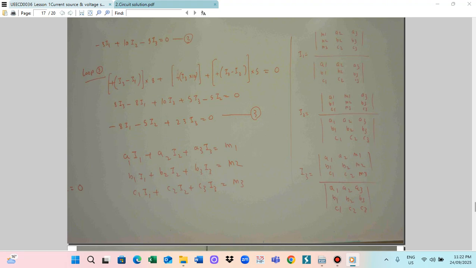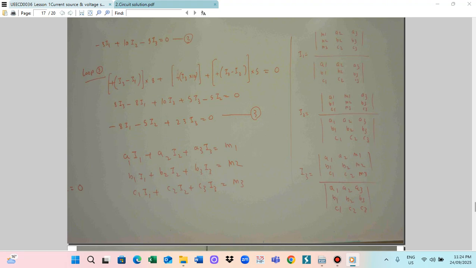Similarly, I2 you can calculate by determinant, with A1, B1, C1, N1, N2, N3, A3, B3, C3, divided by the same denominator determinant. And similarly you also calculate I3, with A1, A2, N1, B1, B2, N2, C1, C2, N3, divided by the same determinant.